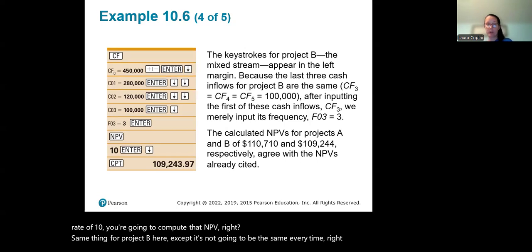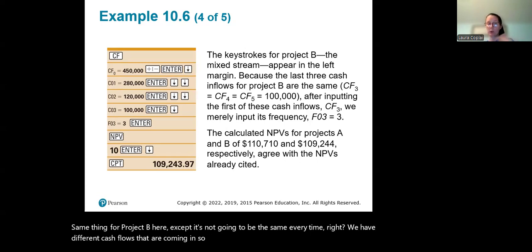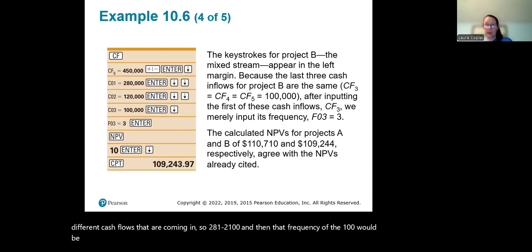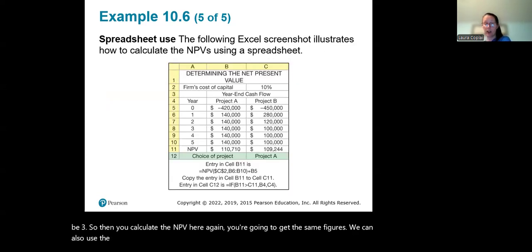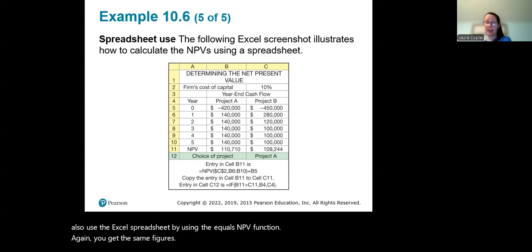We have different cash flows that are coming in. So 280, 120, 100, and then the frequency of the 100 would be 3. So then you calculate the NPV here. Again, you're going to get the same figures. We can also use the Excel spreadsheet by using the equals NPV function. Again, you get the same figures for A and B.